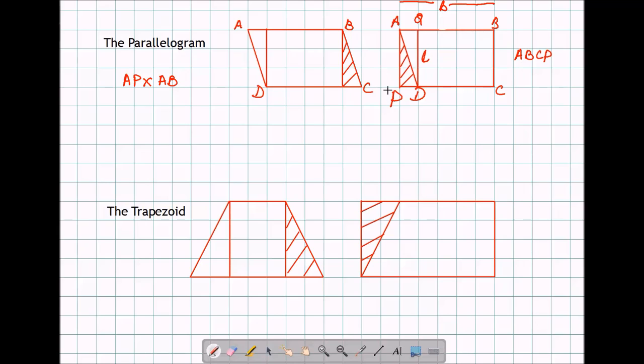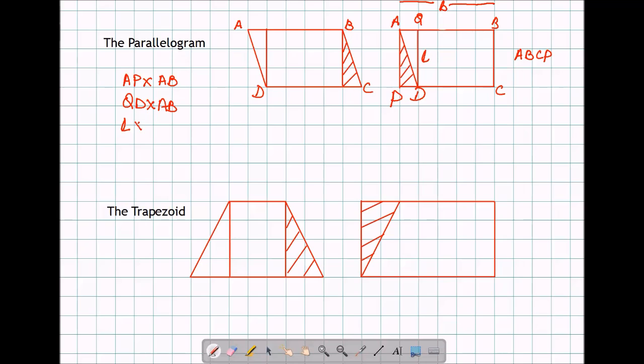Now we can say that AP is the same as QD. So I can just say it's QD into AB. That gives the area of the rectangle, which would be the same as the parallelogram, but let's come to that later.